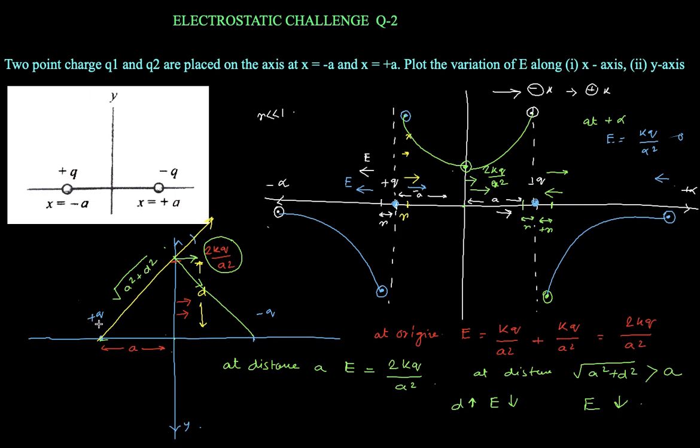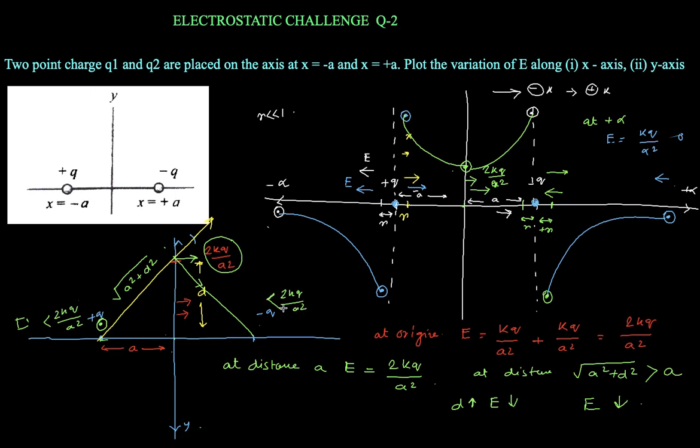So here we can take some point where the electric field is less than 2kq by a square. Like that, here also, as the distance increases, the electric field decreases, and it is less than 2kq by a square.